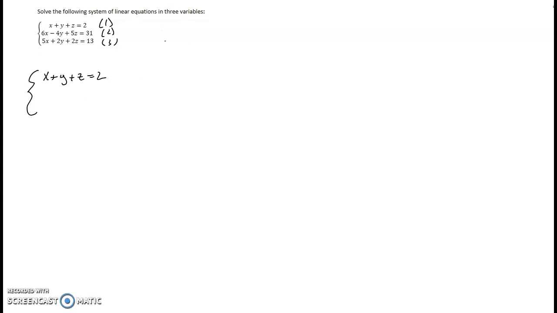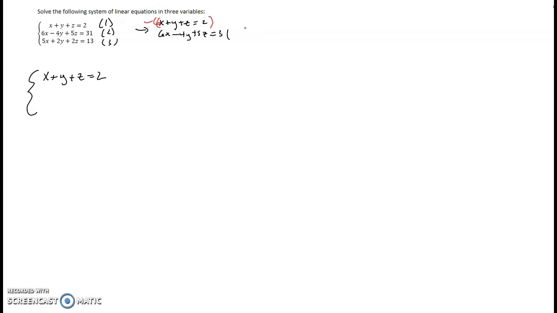But we're going to work on equation 2 now. We're going to take x plus y plus z equals 2 and 6x minus 4y plus 5z equals 31, and we're going to try to eliminate the x's. So I'm going to multiply the top equation by -6.